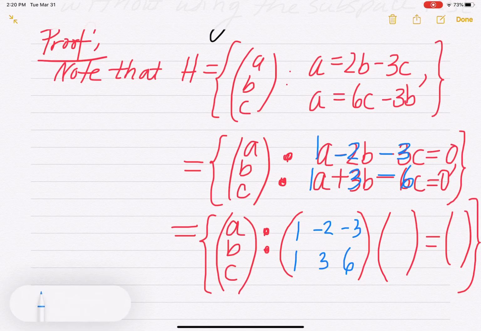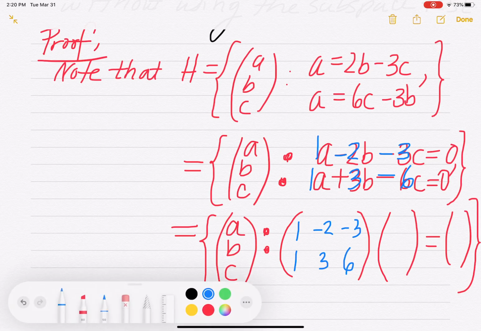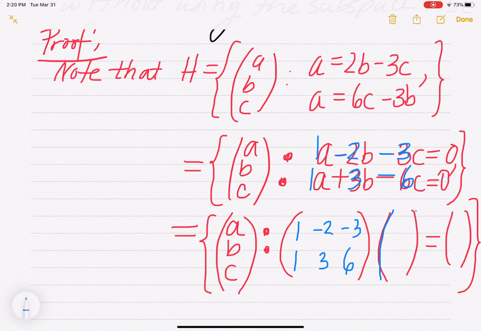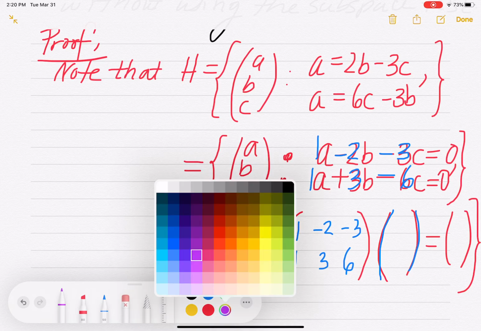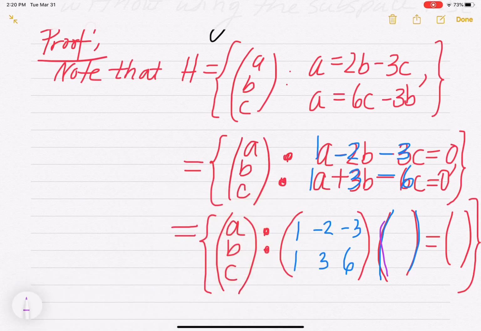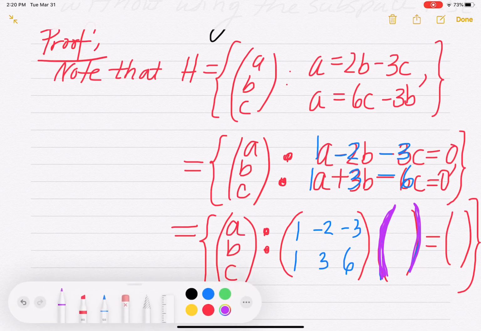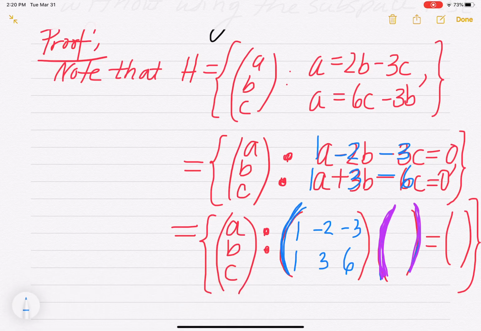Now, in place of x, that's going to be my vector x, which I'll put in purple. The matrix A is the blue matrix.